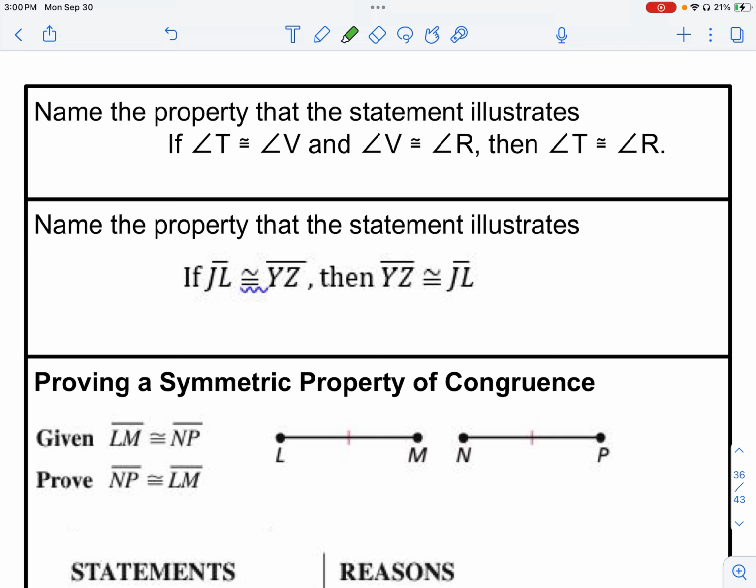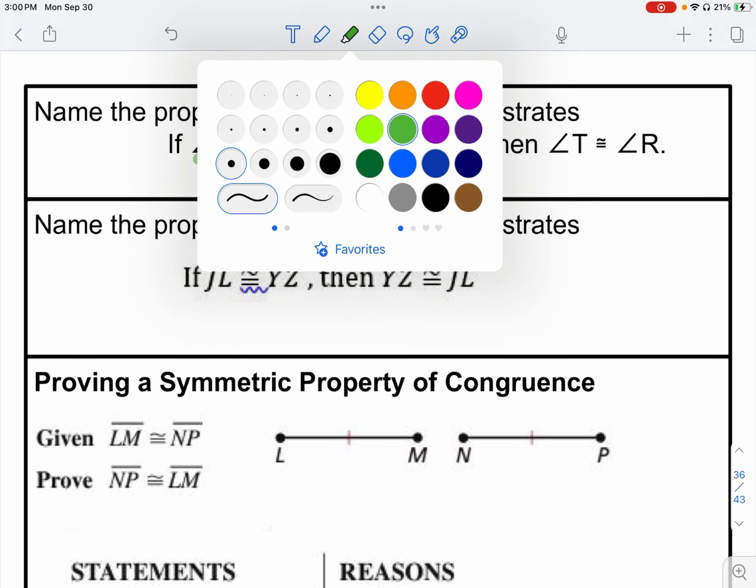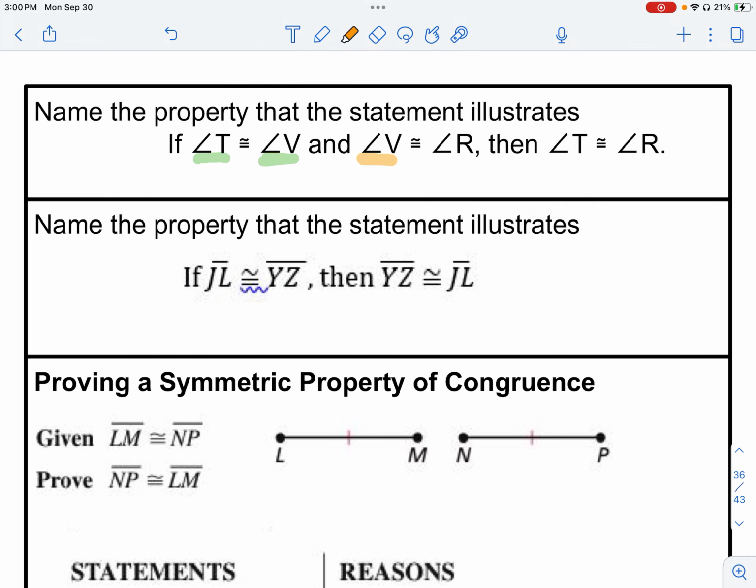So let's look and see which one this is. We got angle T is congruent to angle V. Angle V is congruent to angle R. So then angle T is congruent to angle R. Well, that's our transitive property. Oh, we can spell that correctly.